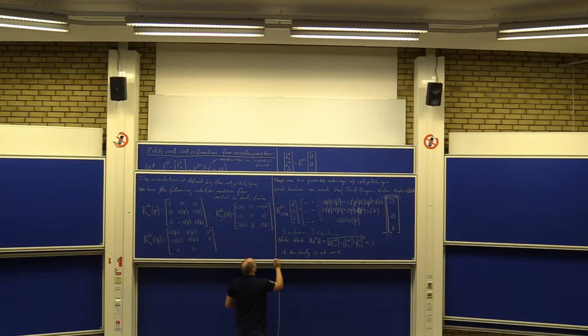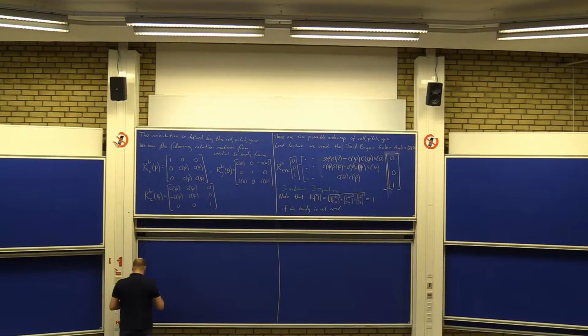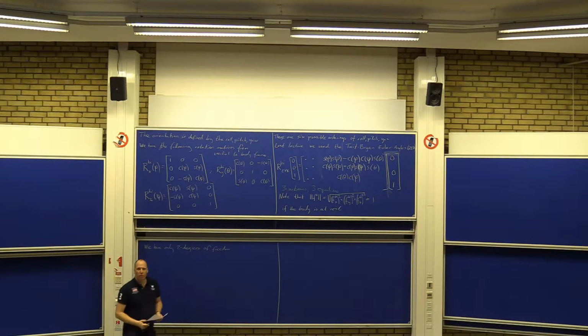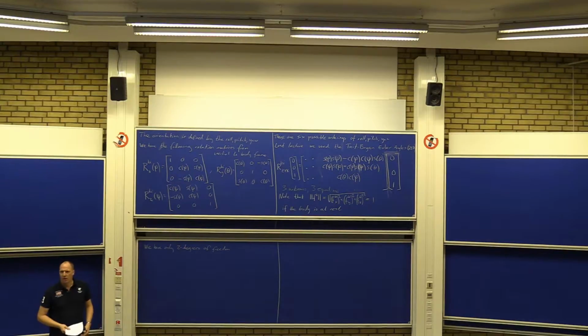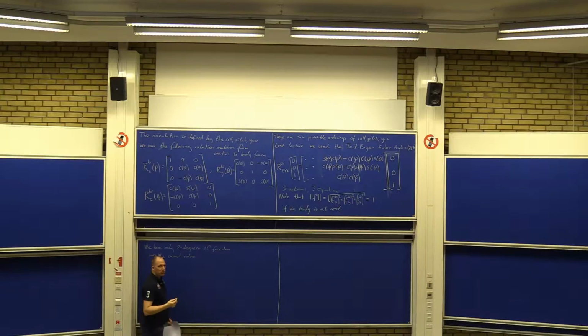Okay, so the problem with this is that we have only 2 degrees of freedom. So we can't solve for 3 parameters here. So the system is underdetermined.